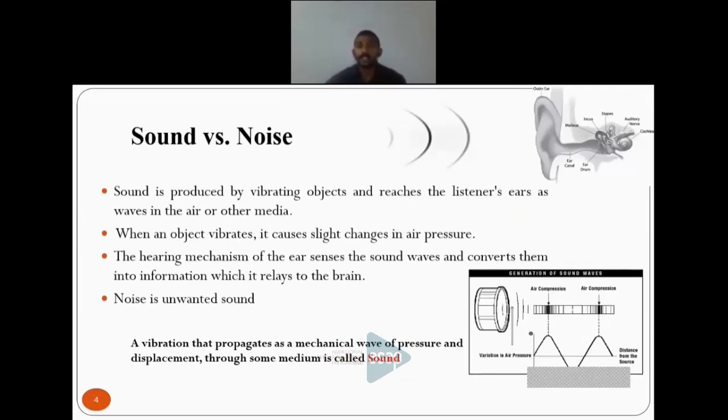That is sound, and we will see how it reaches the ear and how it is processed. Another thing is that when two objects vibrate, it causes slight changes in the air pressure. With one example, we will discuss how we can easily study these things.